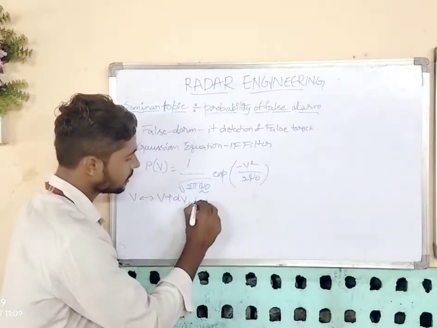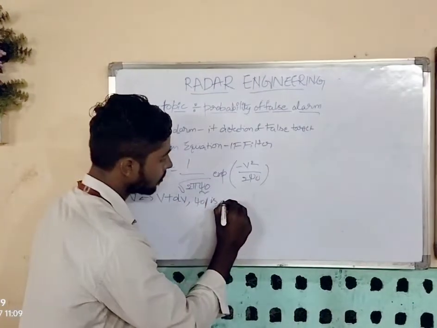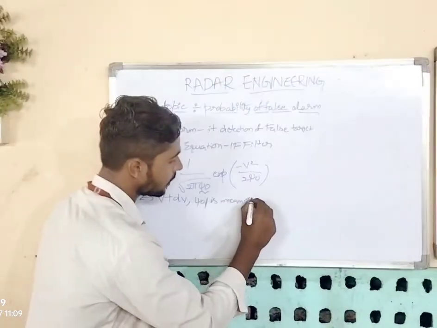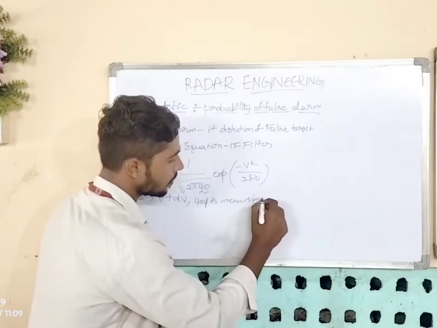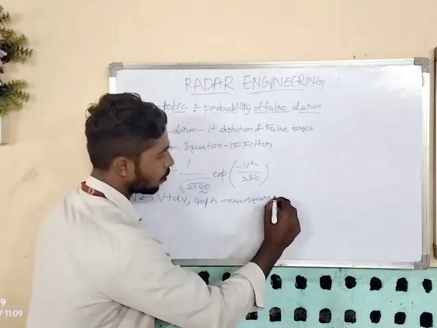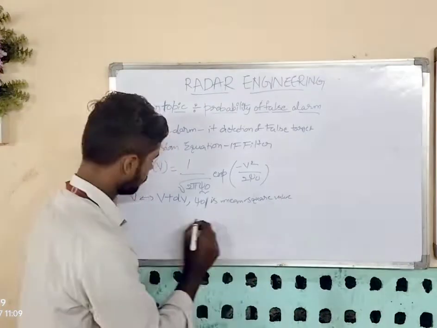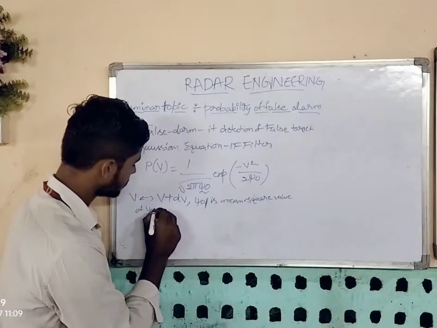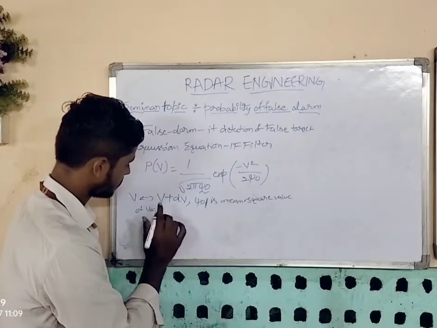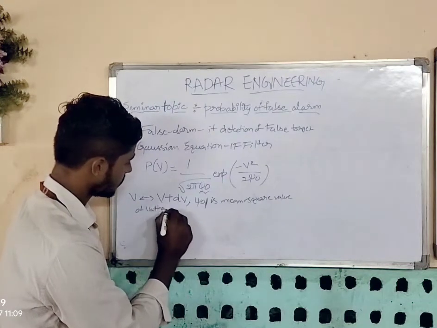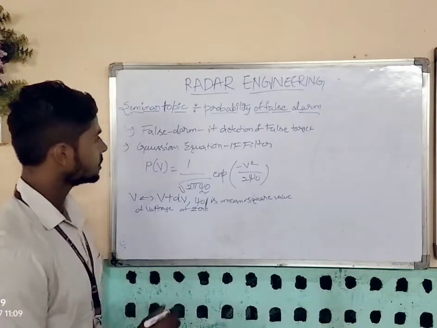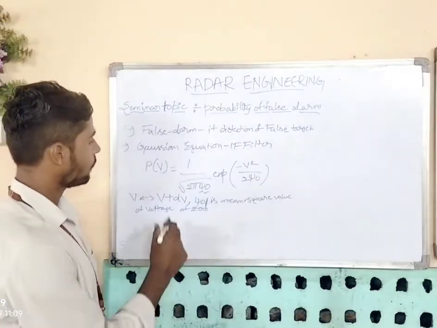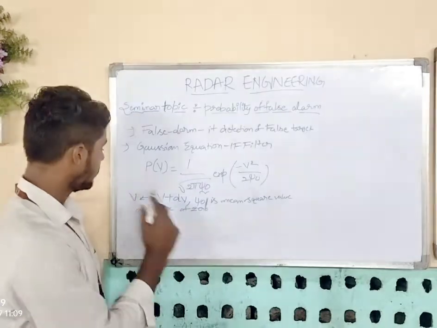Here psi naught is called the mean square value of voltage at 0. This gives the Gaussian equation in terms of probability of voltage.